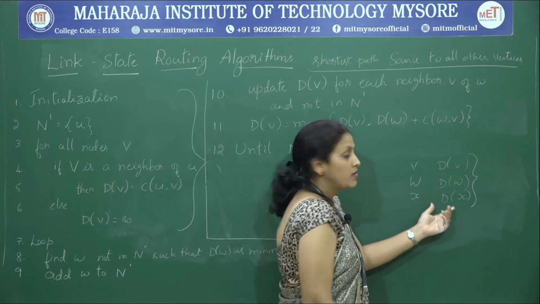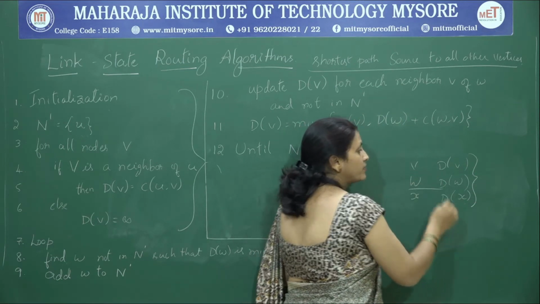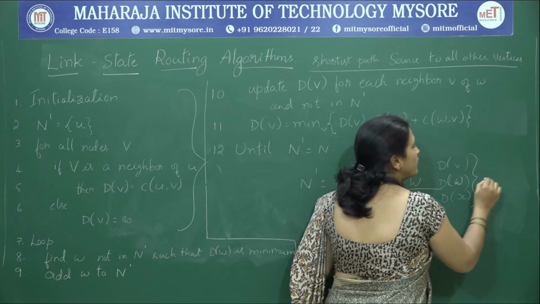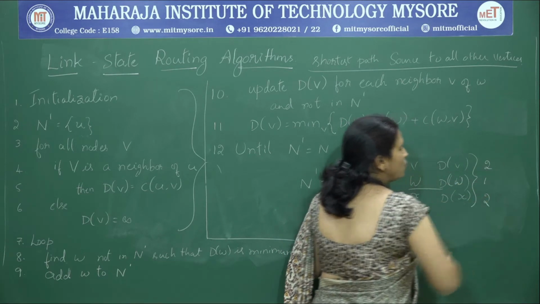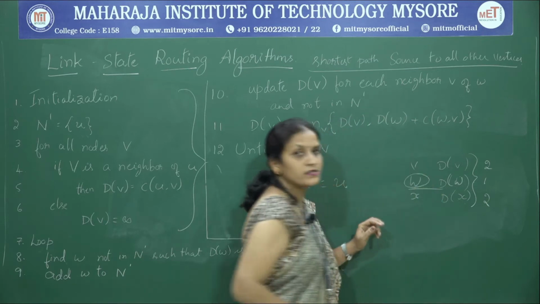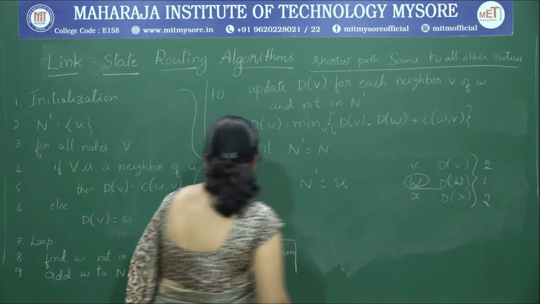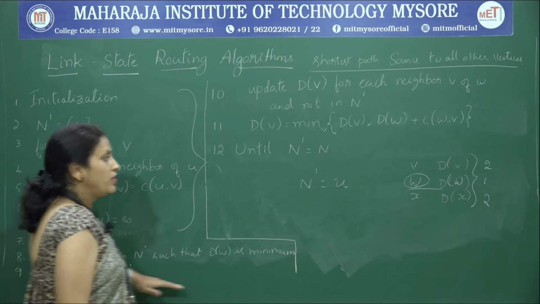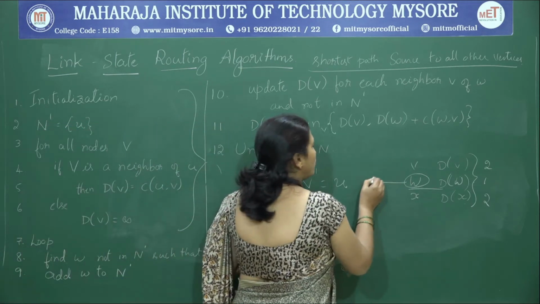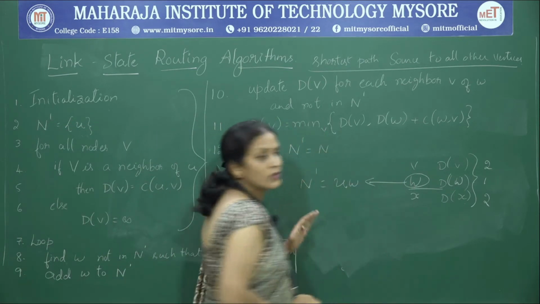For example, if D of W is 1 and the other two are 2, then consider W as the next node and add W to N dash.